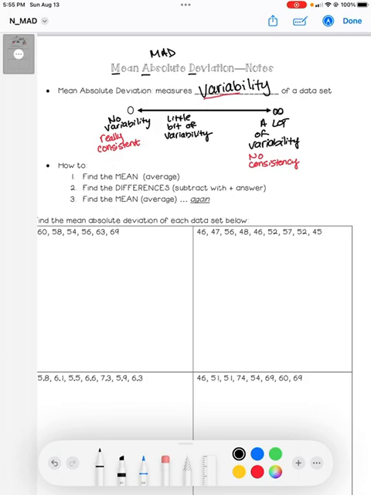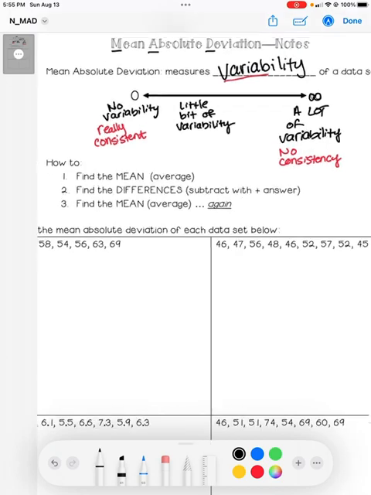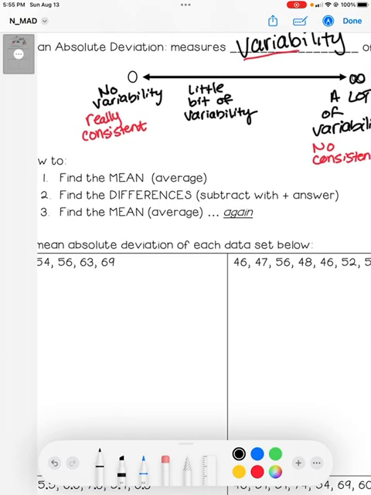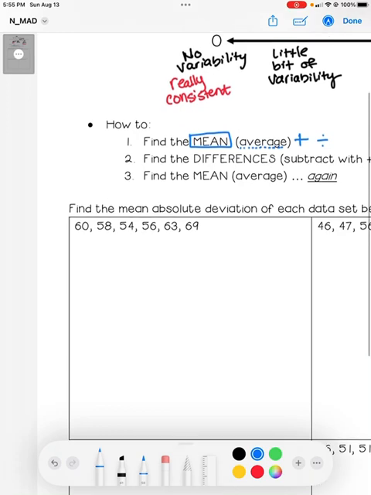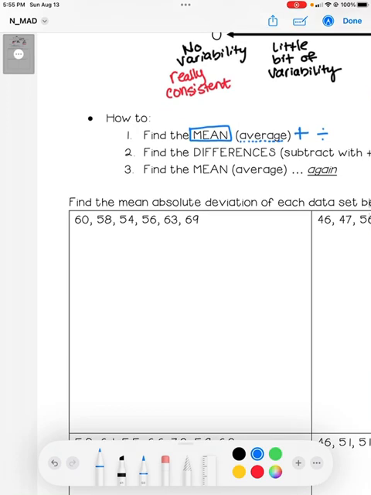To find the mean absolute deviation, we're going to have 3 steps. First, we have to find the mean, or the average. To do that, you add up all of the data points, and then you divide by the number of data points you had. As an example, for this first top left box, let's find the mean.